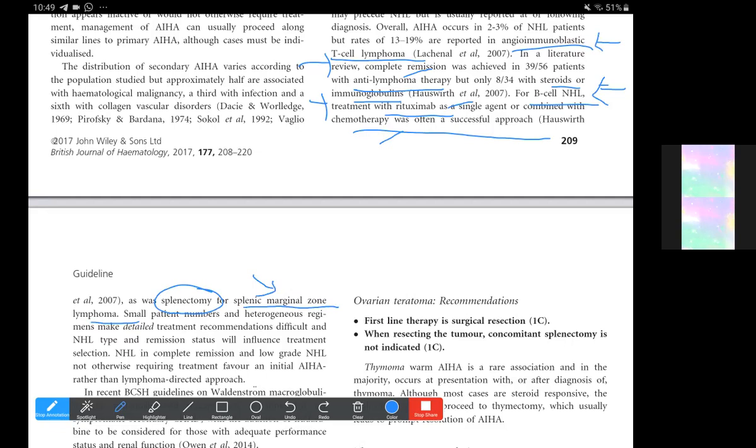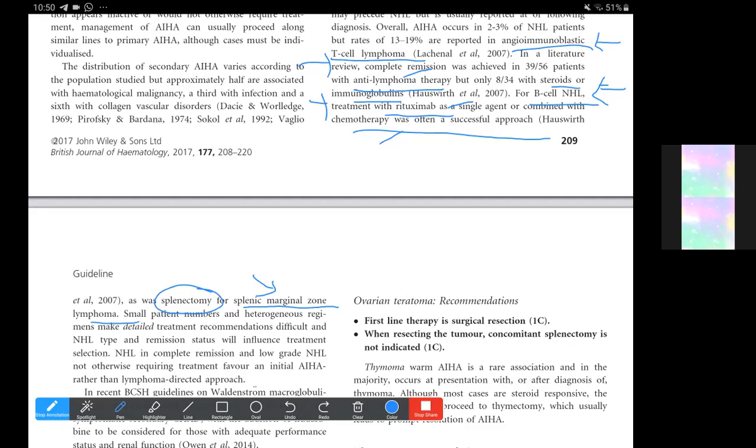Small patient numbers and heterogeneous regimens make detailed treatment recommendations difficult, and the NHL type and remission status will influence treatment selection. NHL in complete remission and low-grade NHL not otherwise requiring treatment favor an initial autoimmune hemolytic anemia rather than lymphoma-directed approach.